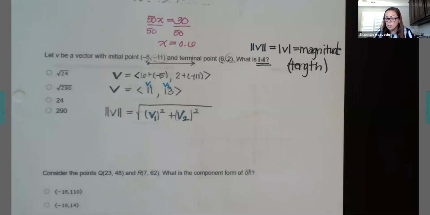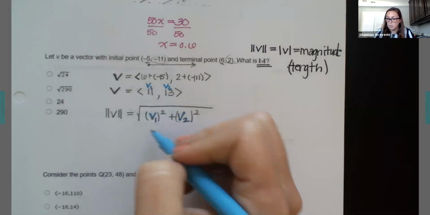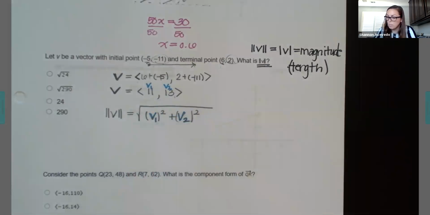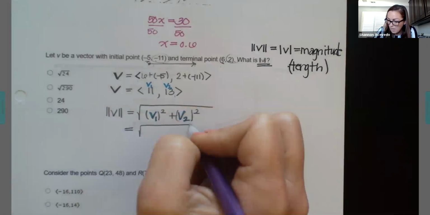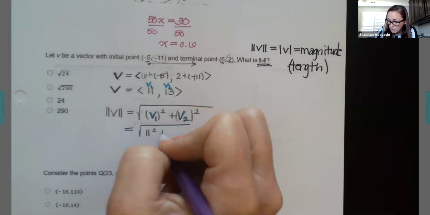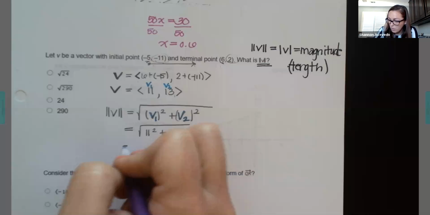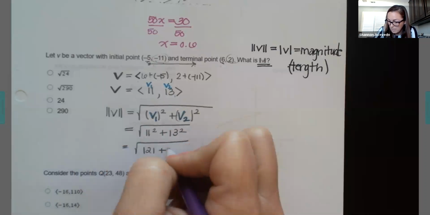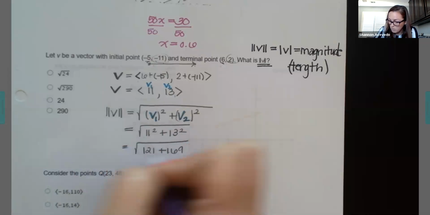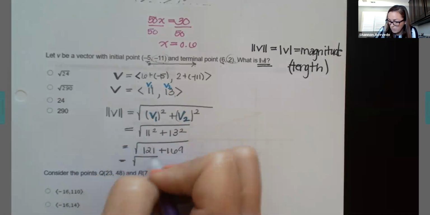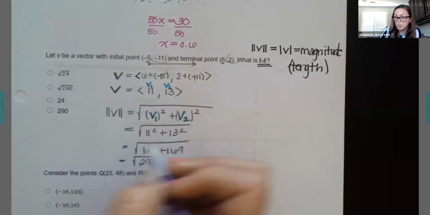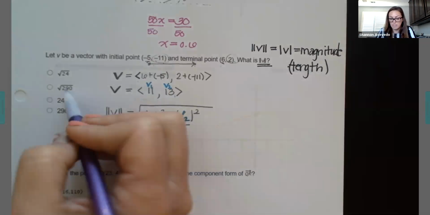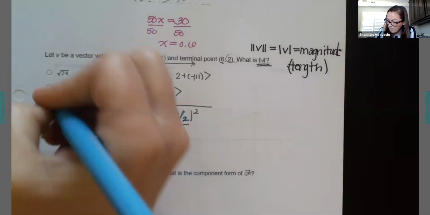It's talking about the first term squared plus the second term squared. So the length of this vector is going to be 11 squared plus 13 squared, which is going to be 121 plus 169, which is going to be the square root of 290. And I don't have to do anything else here because there's my answer. Done.